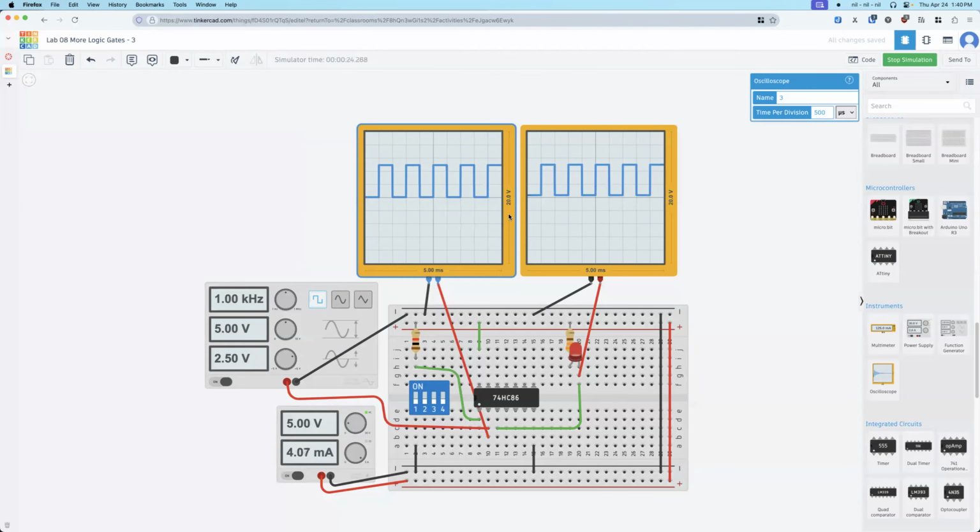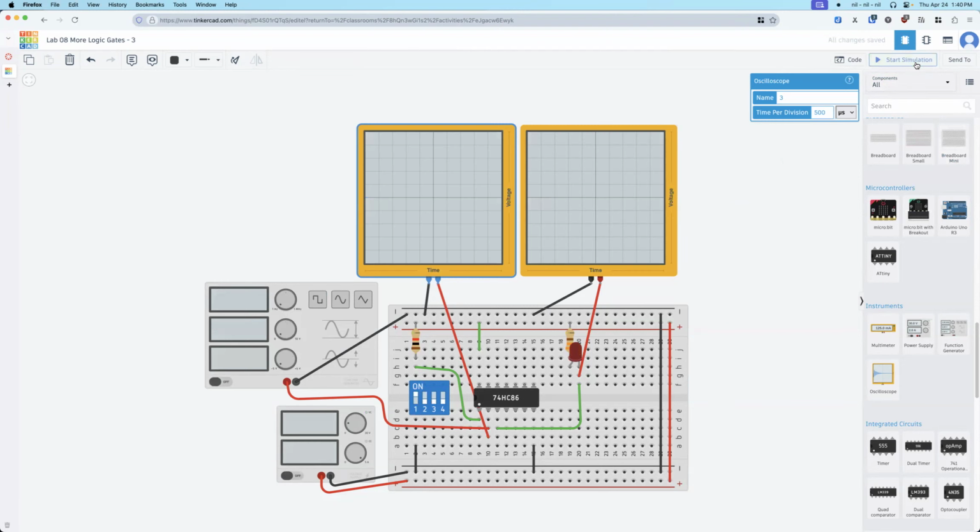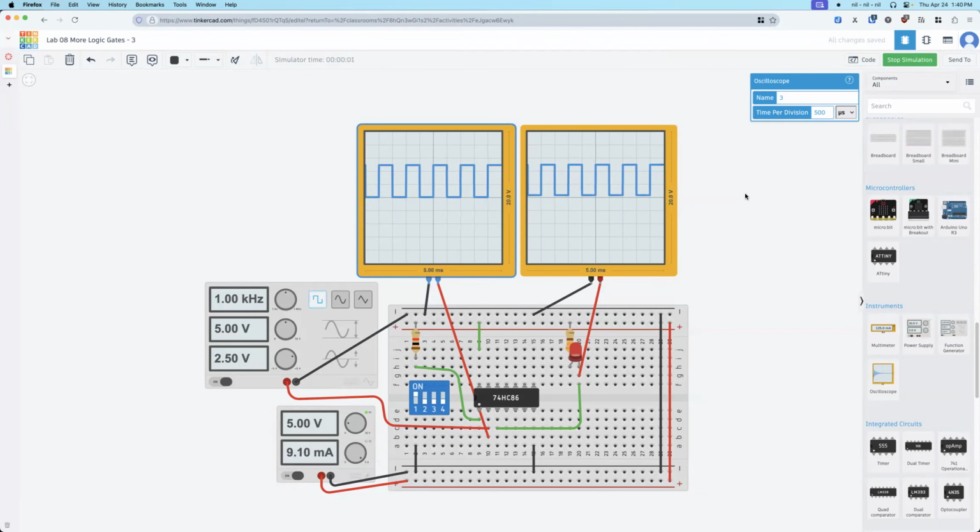Then the last one, so we need a closed switch. Okay, no change. Let me stop the simulation, start again. This is so weird, no change. Should have some changes. Yeah, so it's still low, high, low, high.